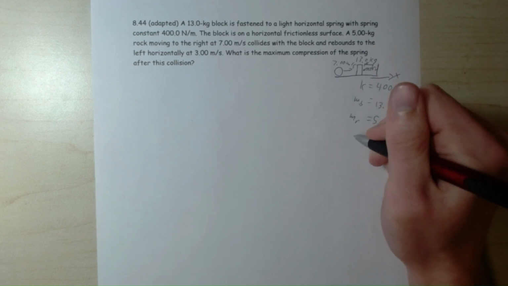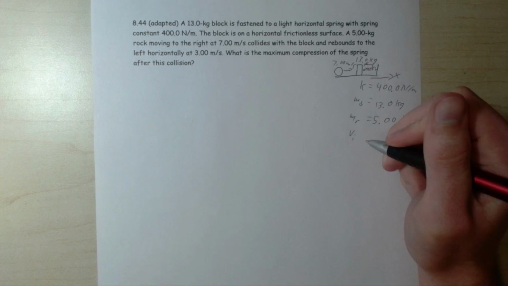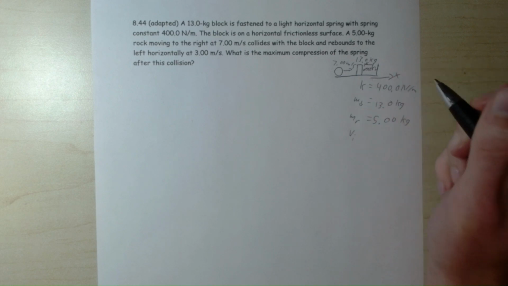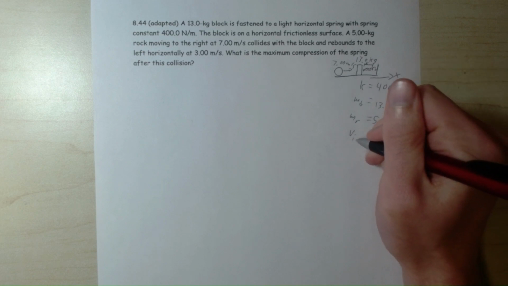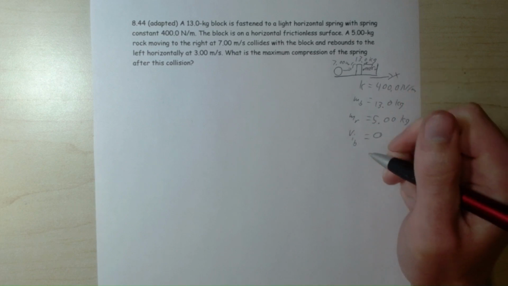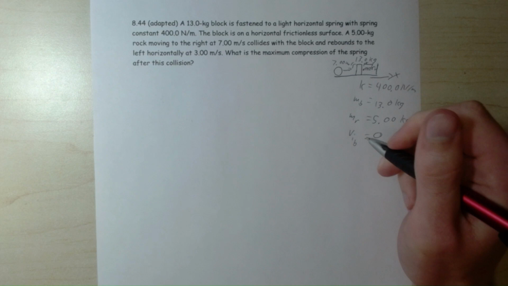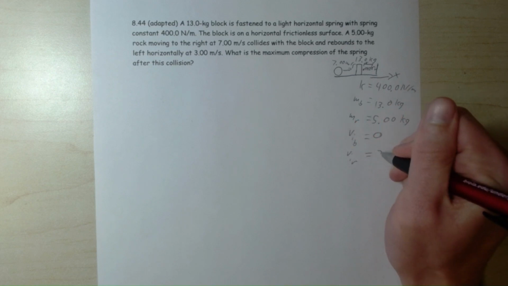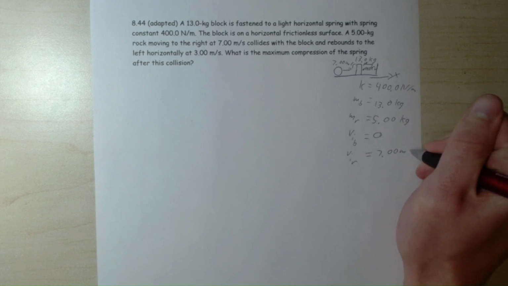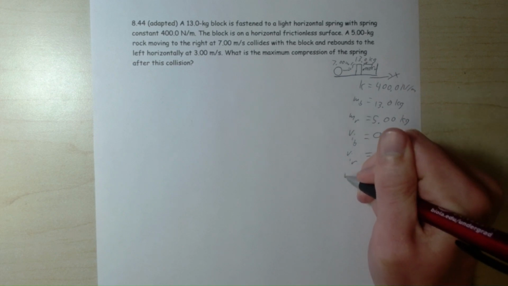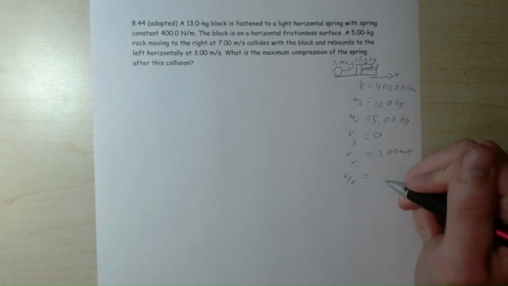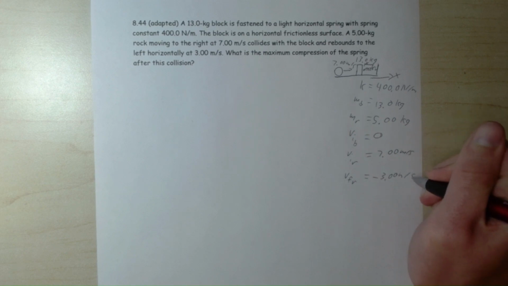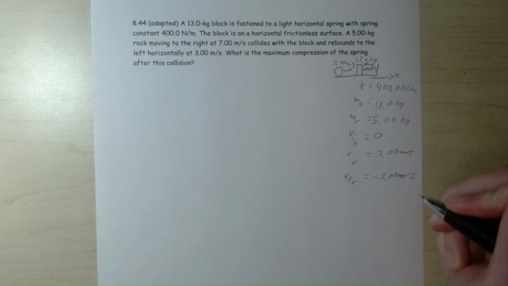Alright, so VI of the block here is 0 because it's initially not moving. VI of the rock, VIR, is going to be 7.00 meters per second. Our VF of the rock is going to be negative 3.00 meters per second because it's moving to the left at that point.